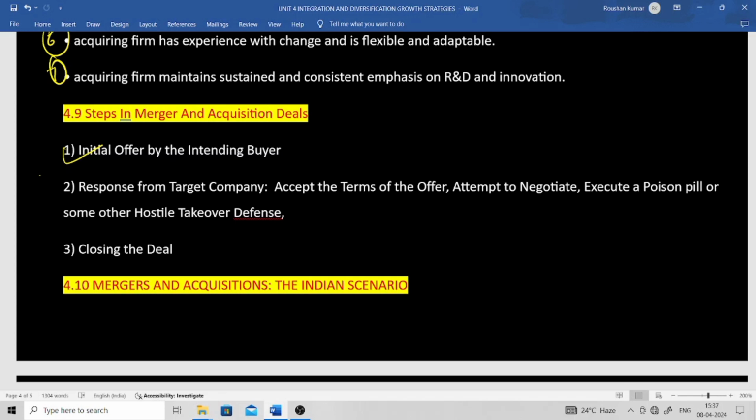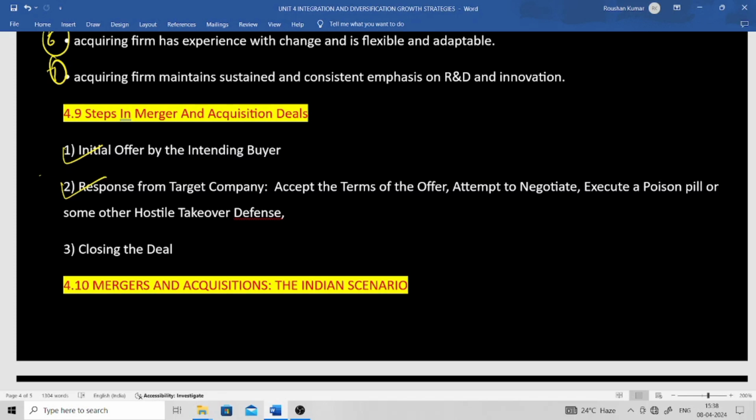The second one is the response from the target company. The responses may be to accept the terms of the offer, attempt to negotiate, or third, execute a poison pill or some other hostile takeover defense. A target company can trigger a poison pill scheme when a hostile suitor acquires a predetermined percentage of the company's stock.